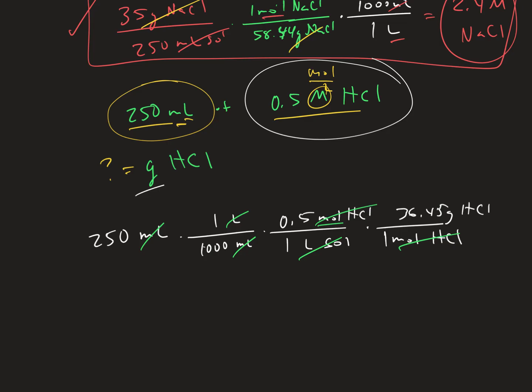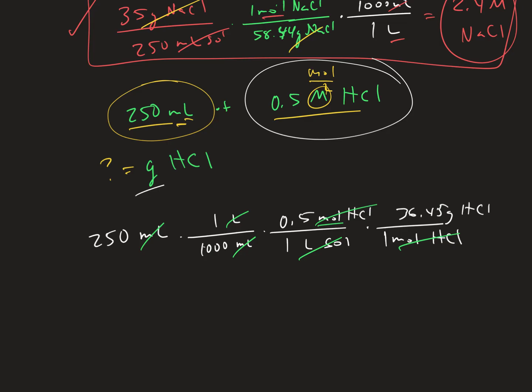It's just a conversion problem. We good at dimensional analysis yet? Because if we're not, chapter 10's really going to hurt. We've got a lot of that going on. Okay? A lot of stoichiometry, a lot of dimensional analysis.